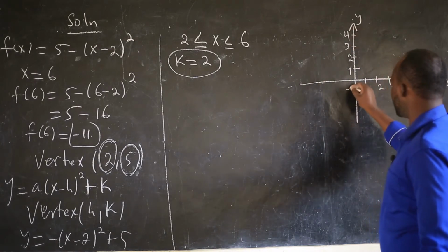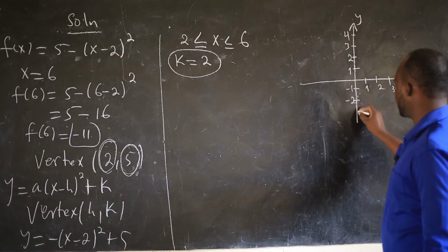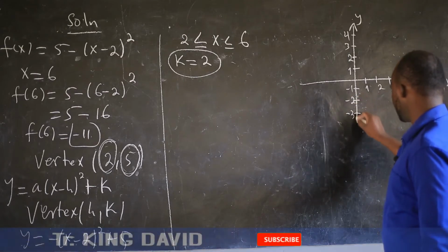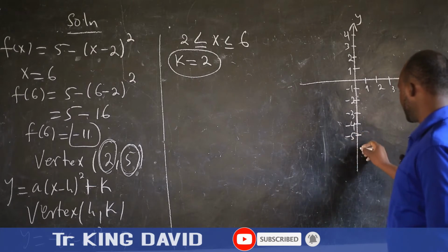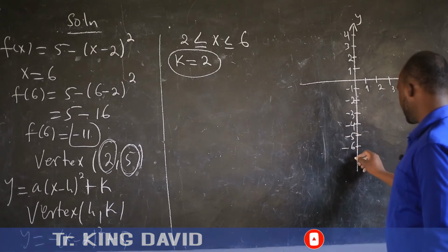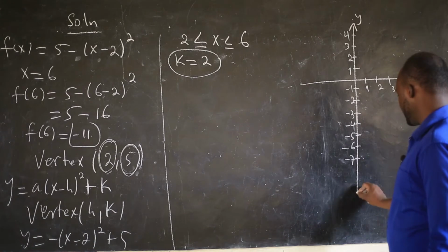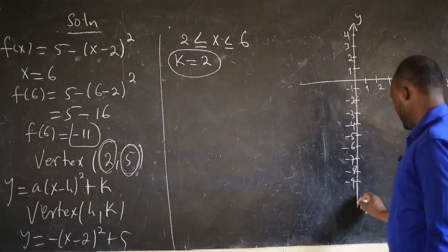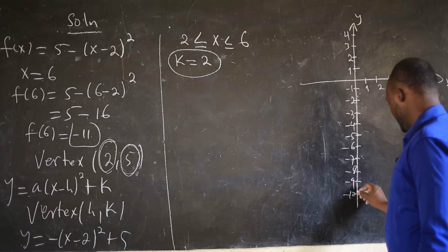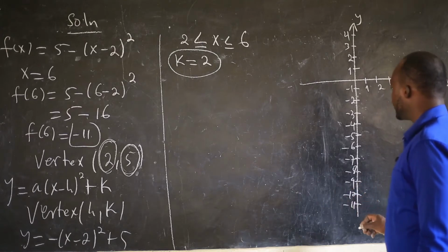We have negative 1, negative 2, negative 3, negative 4, negative 5, negative 6, negative 7, negative 8, negative 9, negative 10, negative 11.